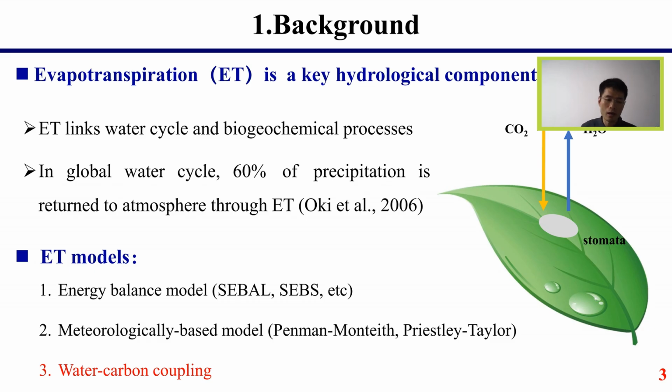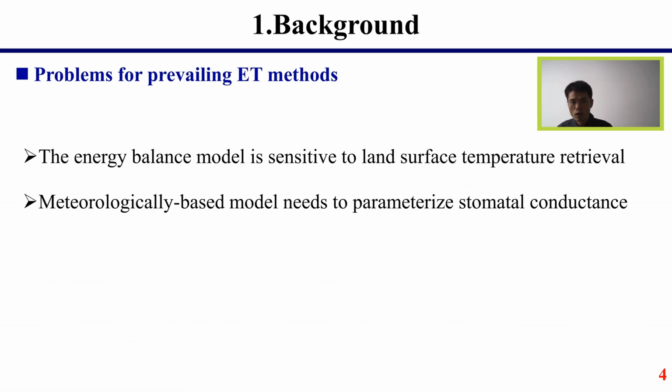There is also another type, the water-carbon coupling model. Basically, they model photosynthesis, or we say the gross primary productivity, and start the evapotranspiration modeling from carbon. So that is the third evapotranspiration model. There are some problems in the prevailing ET models.